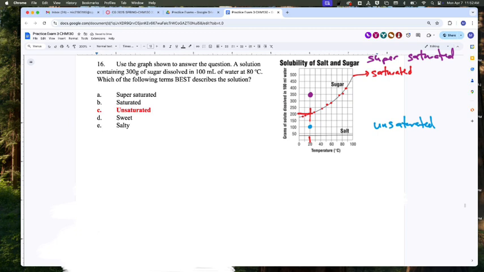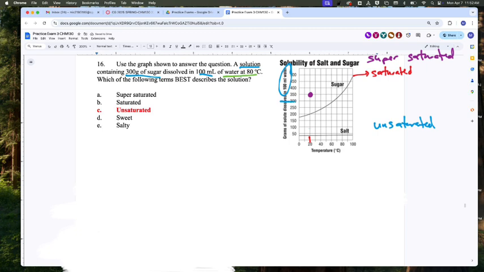All right? So if we now go back to the question, we have a solution containing 300 grams of sugar dissolved in 100 milliliters. The 100 milliliters comes from our question, so it's really just redundant. Water at 80 degrees Celsius. So we want to go to our curve. We want to find our 300 grams of sugar.